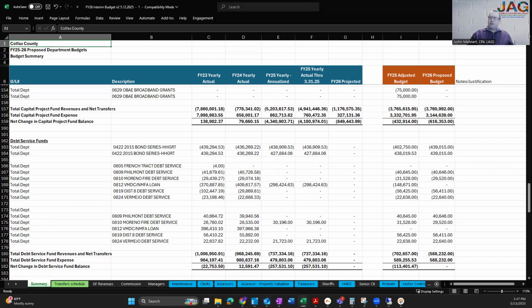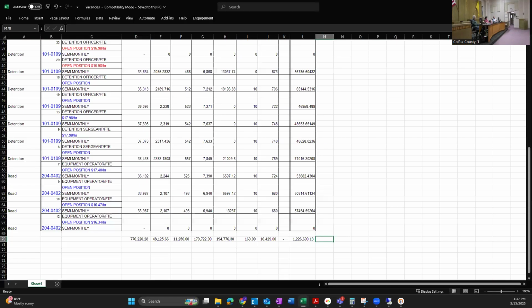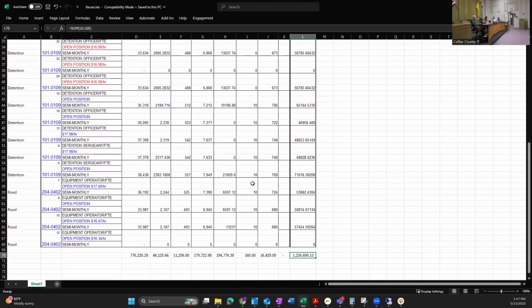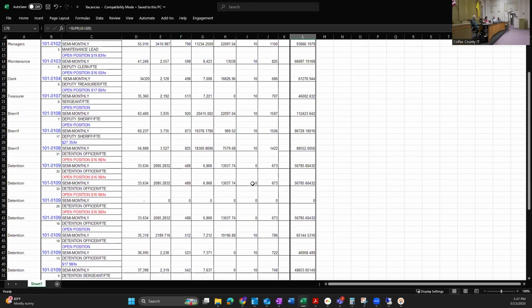If they were recently filled in the last couple of weeks, the information might be slightly stale, but when we were provided the salary schedule by Danielle 3-4 weeks ago, these were the vacancies at the time. And then, do we have a cash balance if we don't fill these vacancies of 1.2? You have sufficient cash balance, yes. So we're pretty much balanced if we do not fill these positions. Correct.